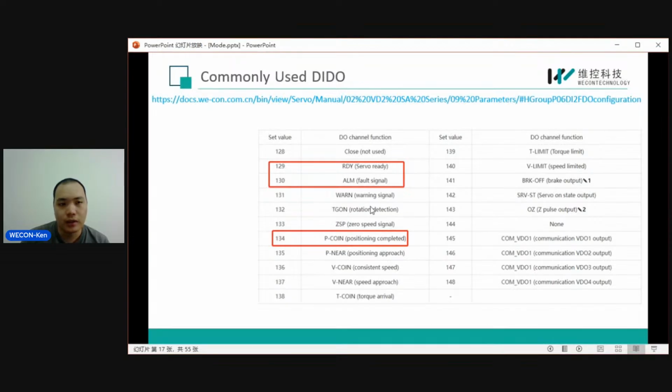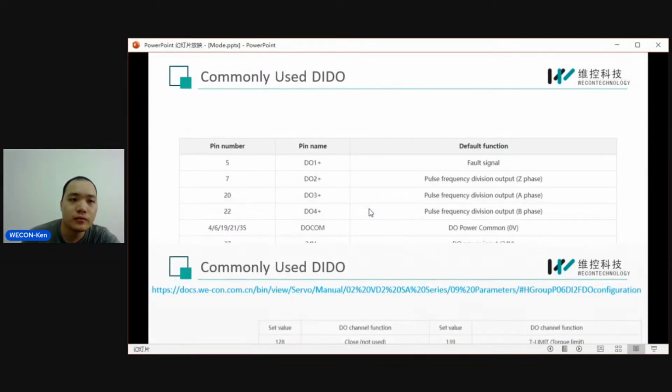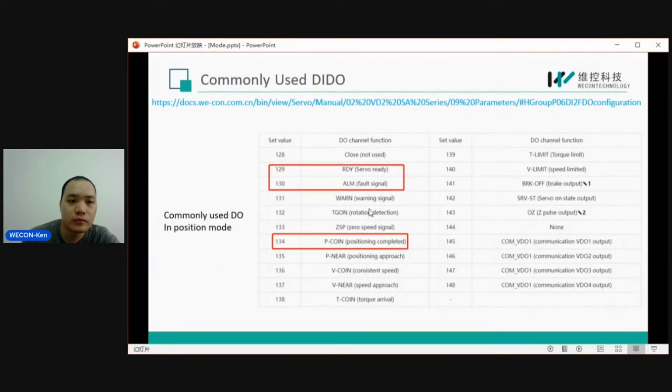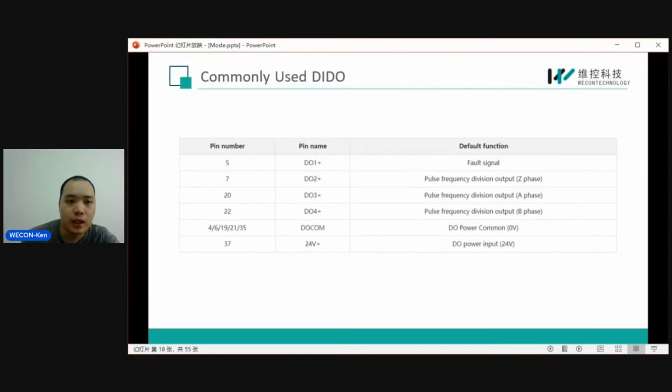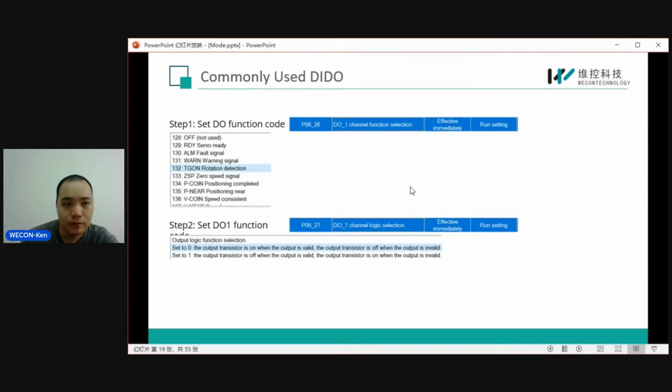There are two parts commonly used. And the pin definition is also like DI. And the DO setting is also easy to understand.